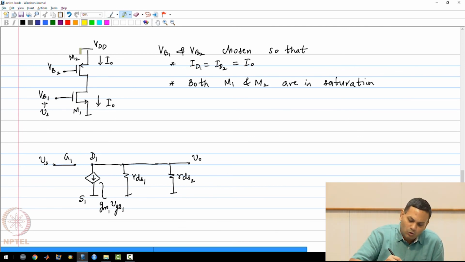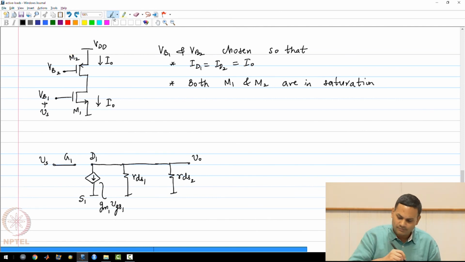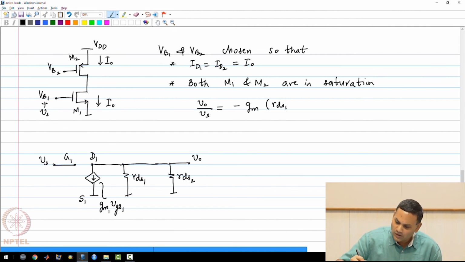Clearly the small signal voltage at both the source and the gate of the PMOS transistor is 0, and therefore there will be no signal current generated by the GM portion of the PMOS transistor. Now you can write the expression for VO by Vs. This is nothing but minus GM into RDS1 parallel RDS2.